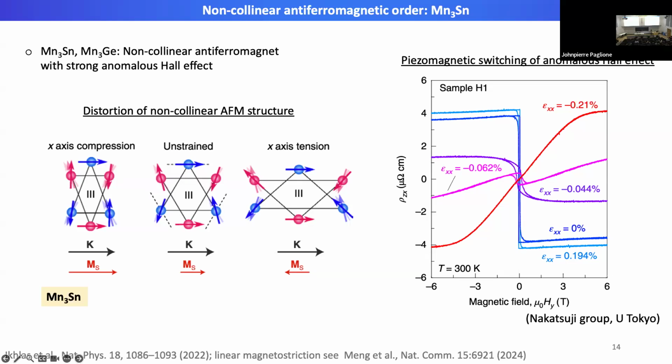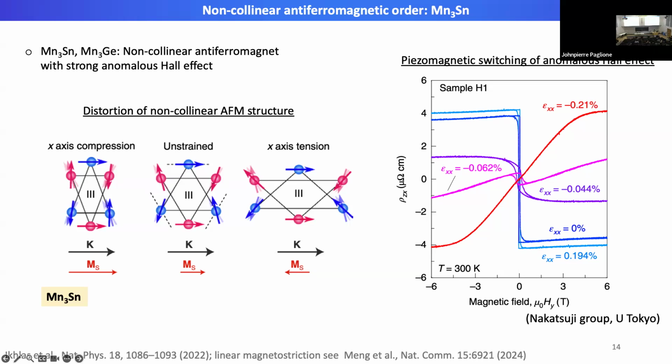And since there's actually already a net moment, we would expect a linear piezomagnetic coupling between the lattice distortion and this net magnetic moment. And when this lattice distortion is strong enough, we might even expect to reverse the sign of the net magnetic moment.